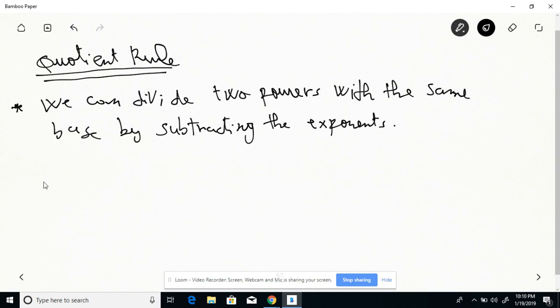So let's say we have x to the a divided by x to the b. The formula here: we can divide two powers with the same base by subtracting the exponents, which is going to be x to a minus b.